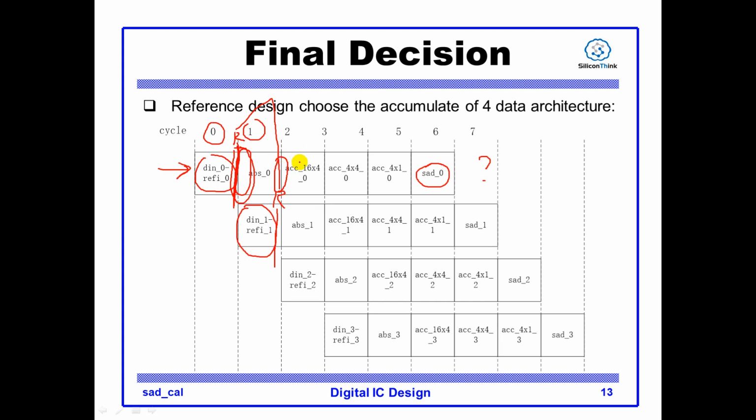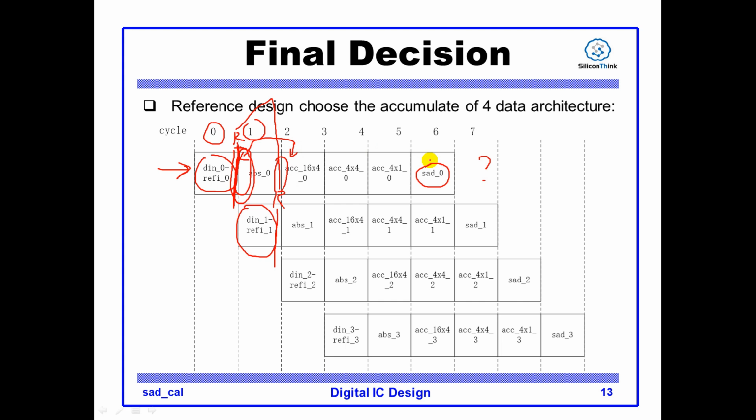So at cycle 2, for the first input, there is no need to keep the difference value; the absolute value is enough to calculate the final result.